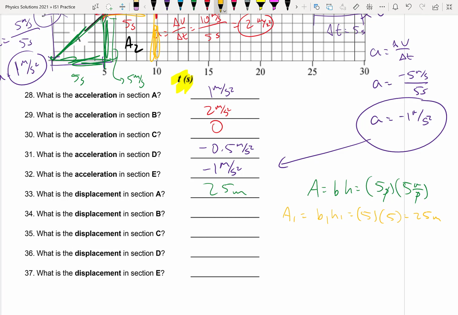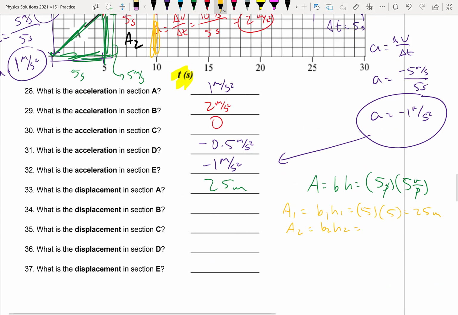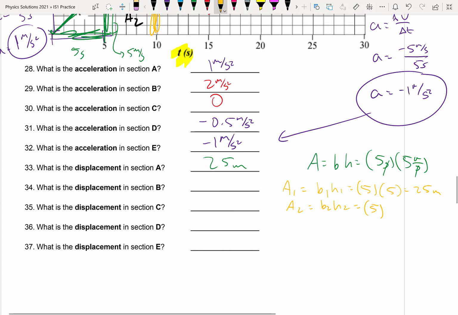So it's 25 meters. And then area 2 is going to be base 2 times height 2. Base 2 is still 5 seconds. That didn't change. But the height is now 10 meters per second, 15 minus 5. So it's going to be 50 meters. And then I'm going to add both of these to get the total area and the total displacement, because displacement is the area under a velocity time graph. So it's going to be 75 meters.